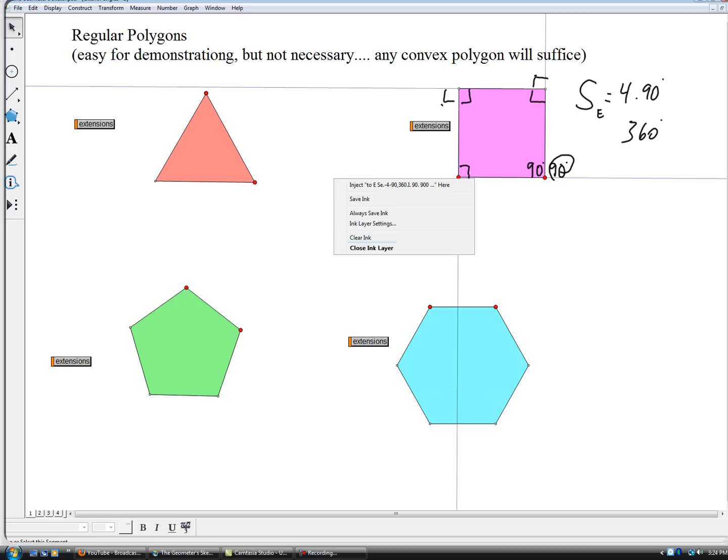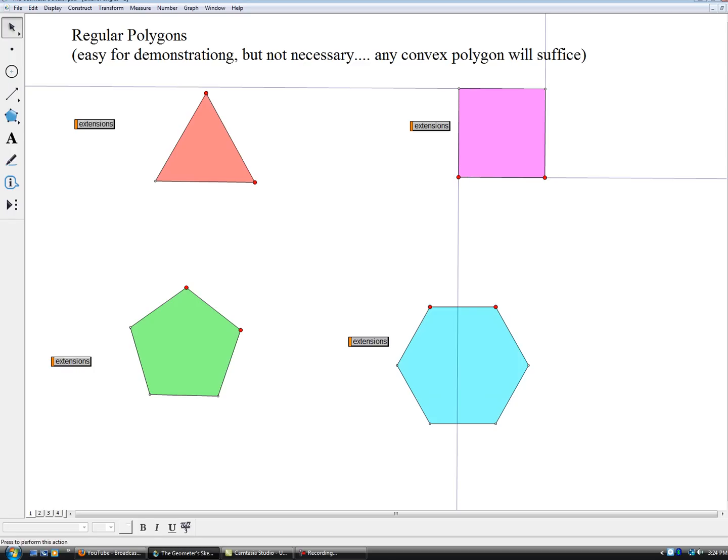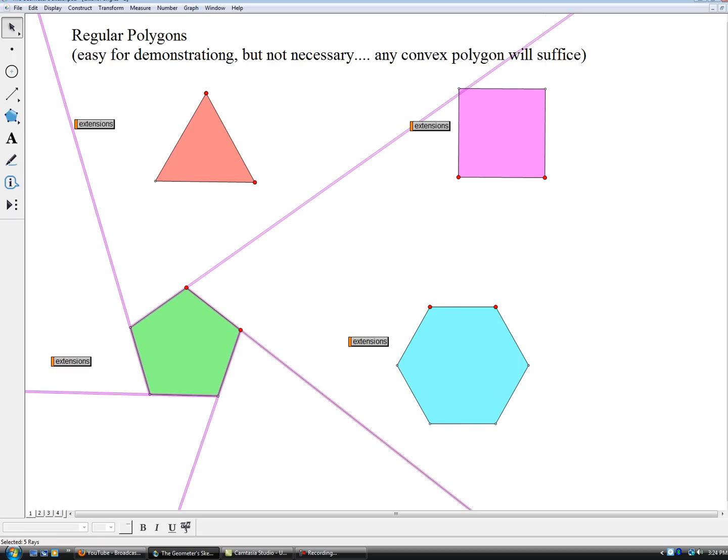Moving on to the regular pentagon. I also extended these sides so that we have exactly one exterior angle for each interior angle. And who knows the interior measure of a regular pentagon?